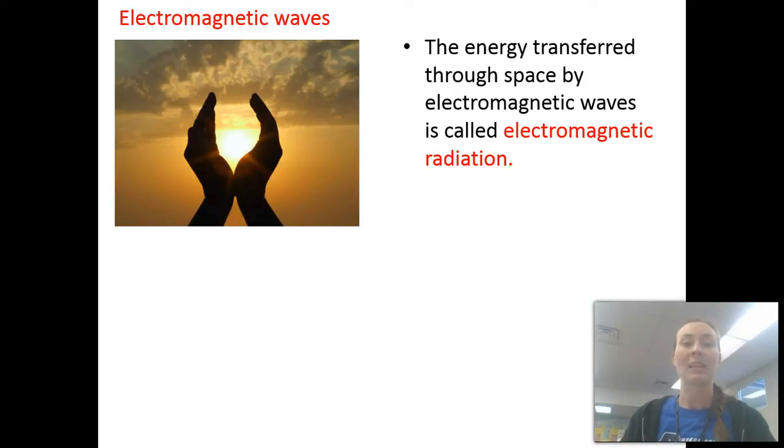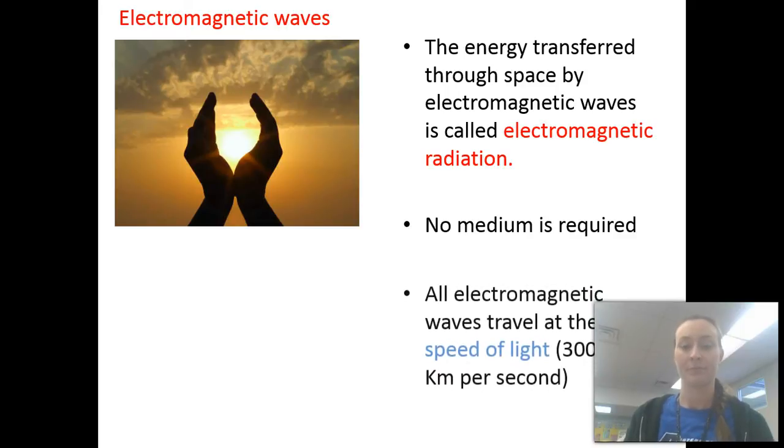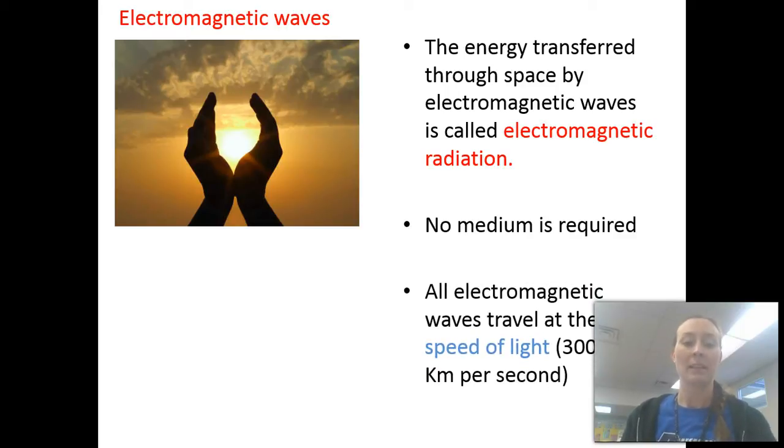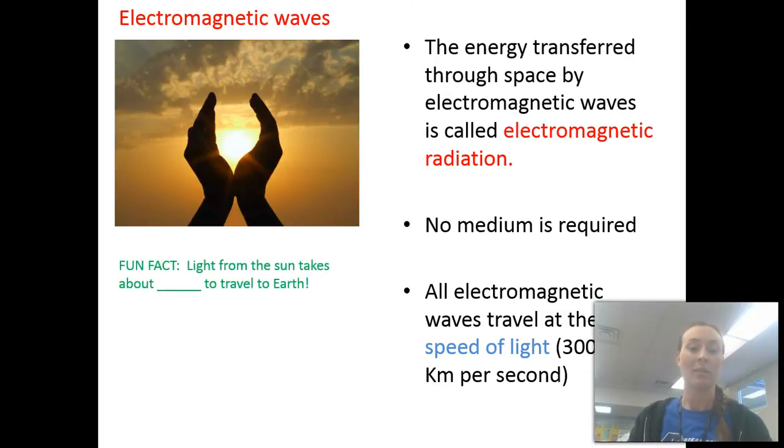Electromagnetic waves travel through space without it. All electromagnetic waves travel at the speed of light, which is 300,000 kilometers per second. To give you some point of reference, light from the sun takes about 8 minutes to travel to Earth.